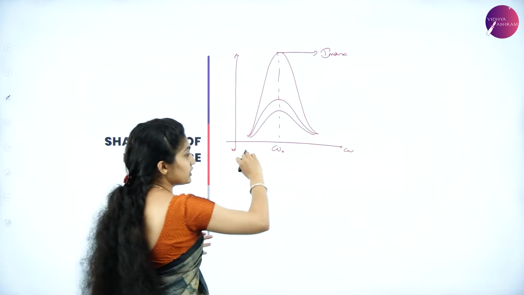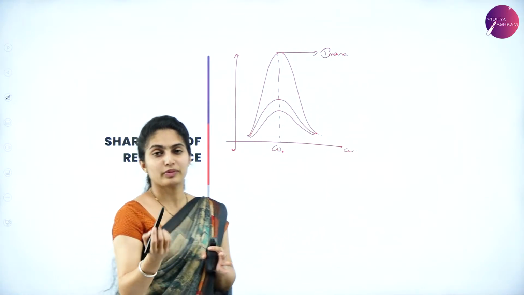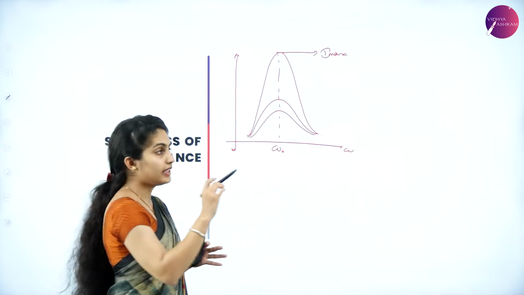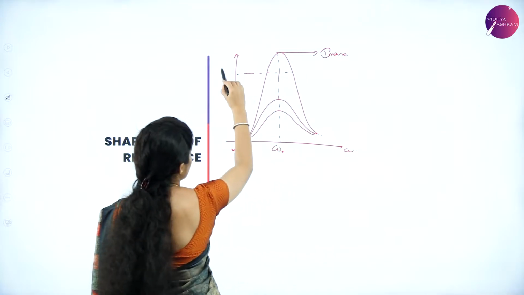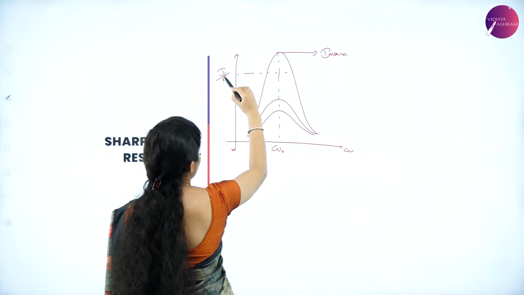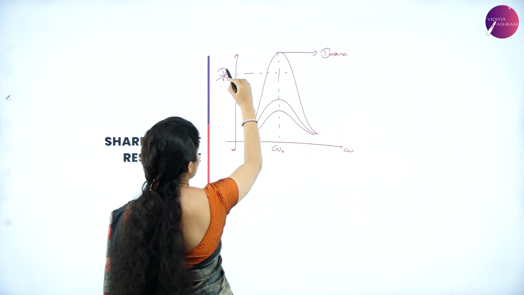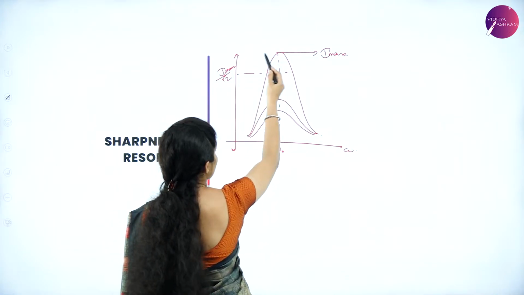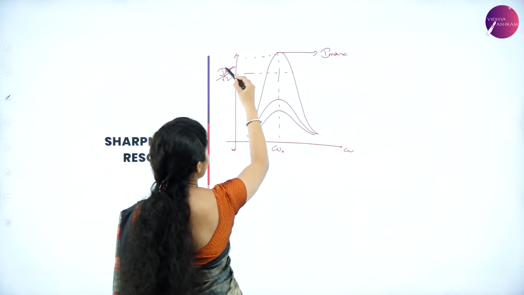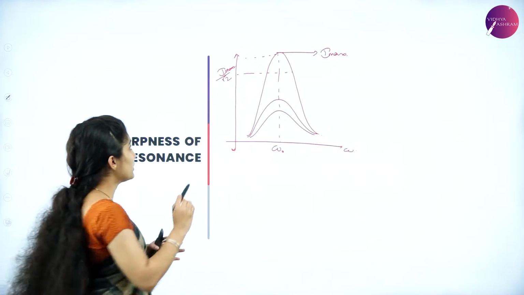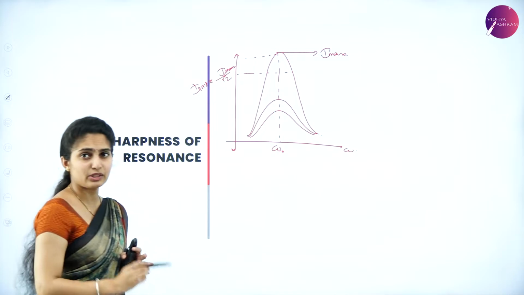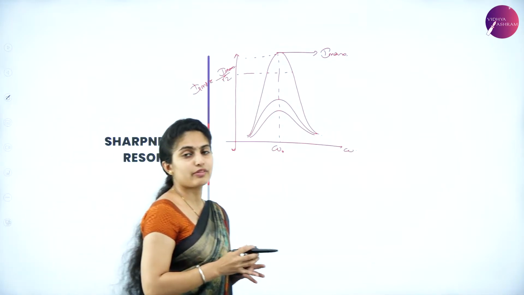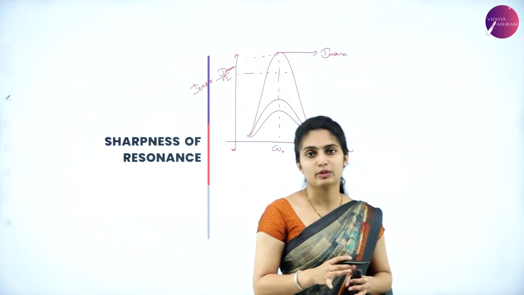The RMS value of it is I max divided by root 2, which gives you the IRMS value of the current.